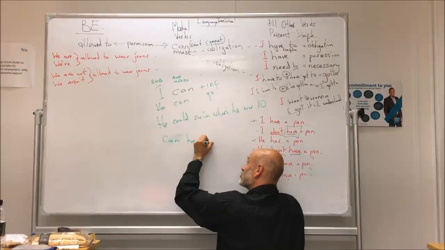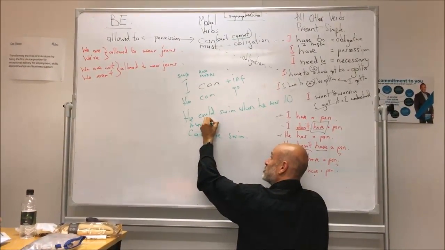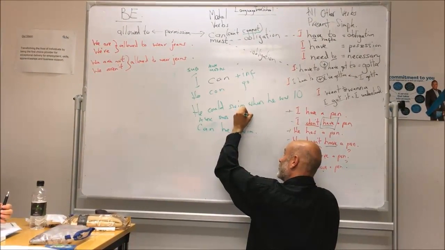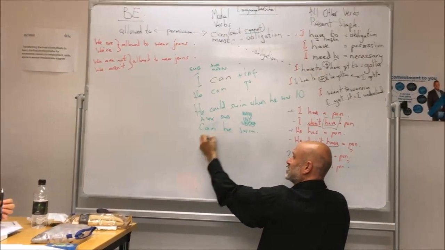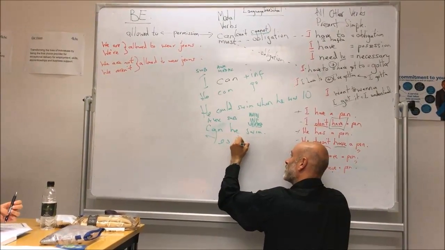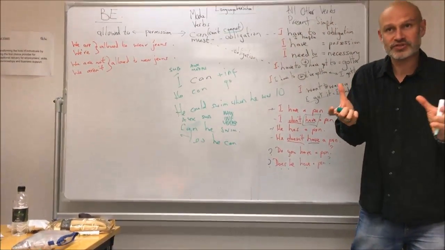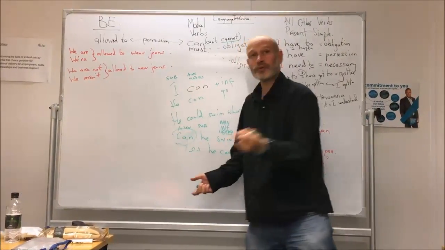Can he swim? Auxiliary verb, subject, and the main verb in the infinitive. I prefer calling it the main verb. I don't know why. Can he swim? Yes, he can.